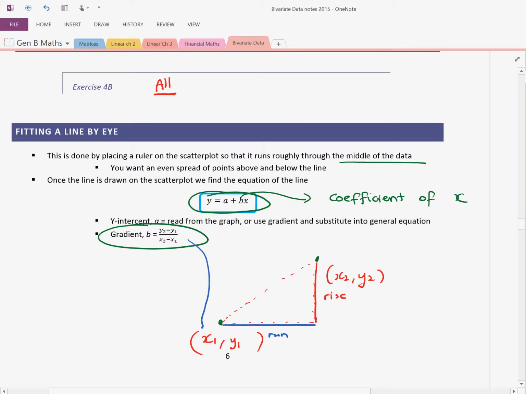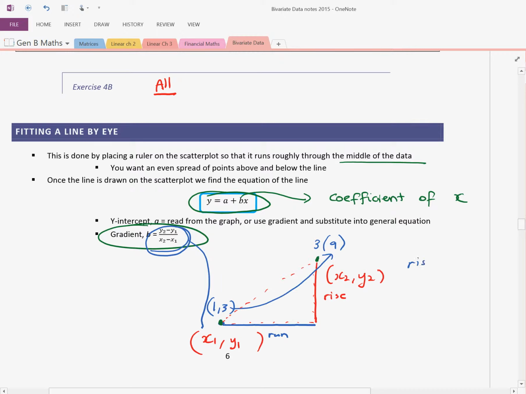So if you want to just draw a triangle, and basically, if this coordinate here is 1, 3, and this coordinate over here is 3, 9, well, what's the gradient? Do you have to do it with this formula here? I don't think you really do as such. Just think about how much does it rise? Well, it goes from 3 to 9.